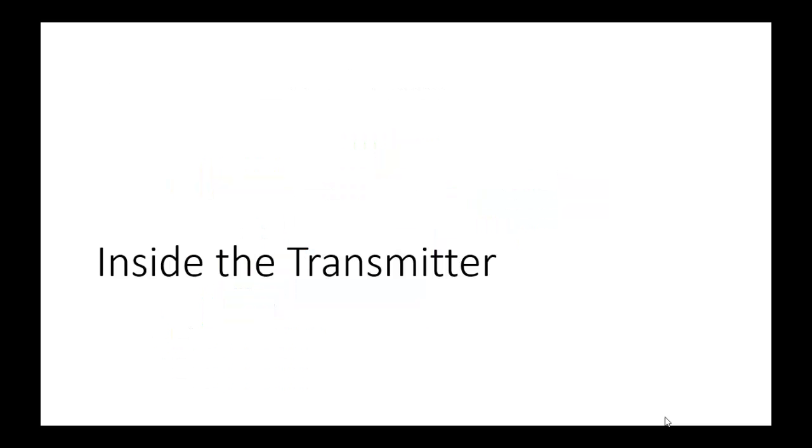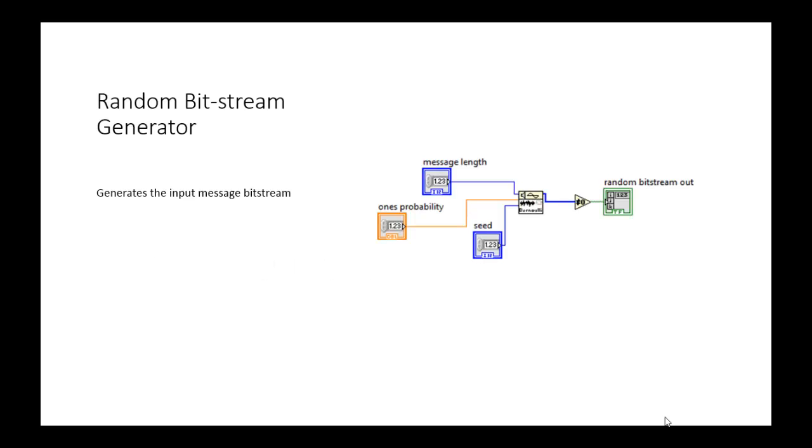Let's look inside the transmitter. The random bitstream generator: I have used a Bernoulli random number generator to generate random numbers, which are then compared to see if they are not equal to zero. So we have a random bit stream of zeros and ones.